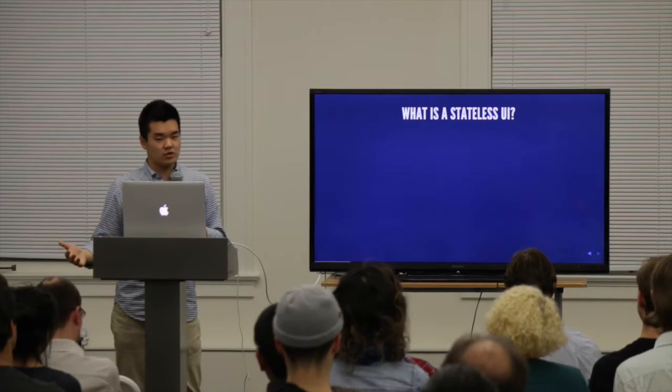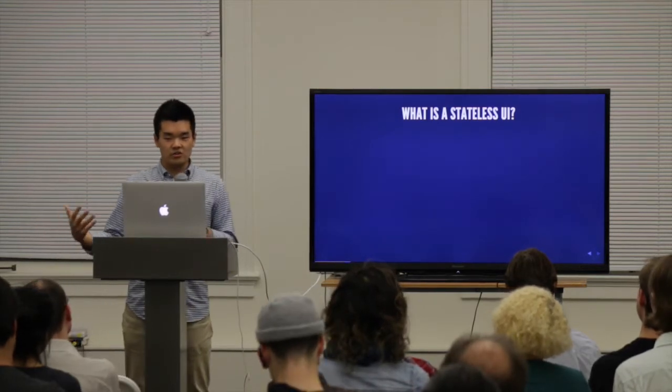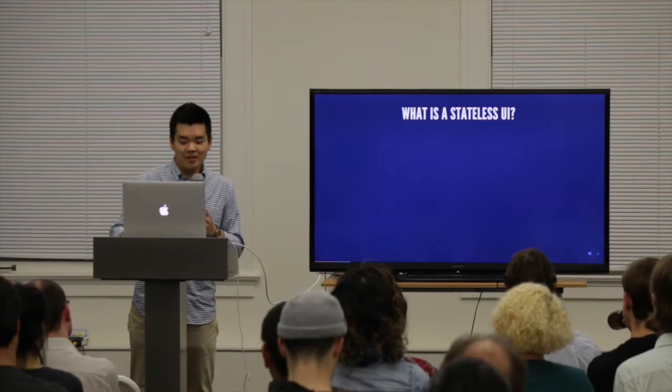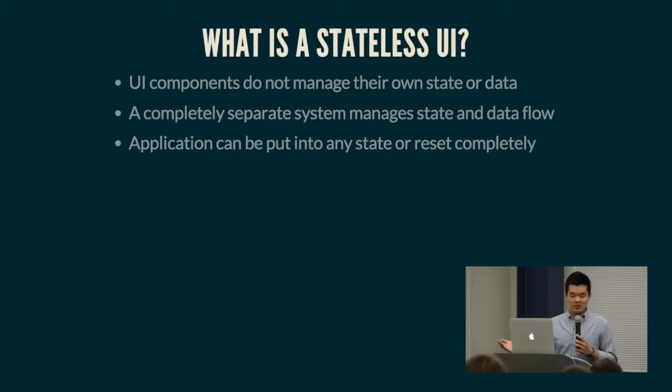So what is a stateless UI? I don't think there's a very good definition for this because I think we kind of just made up the term. But in my mind, it's a few things. One is UI components or visual elements don't manage their own state. So they can have state, like in Angular, you have a scope, but the owner of that data is not the controller.